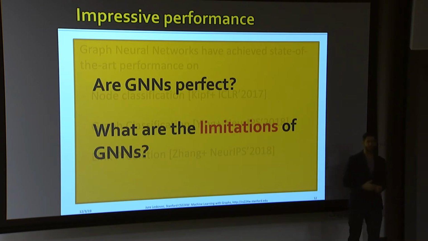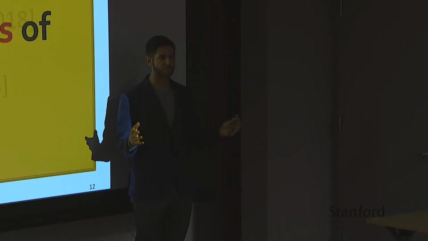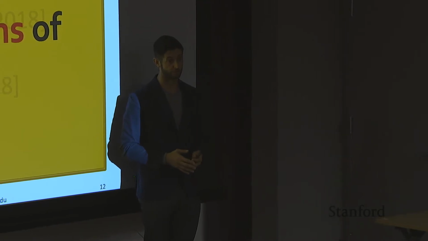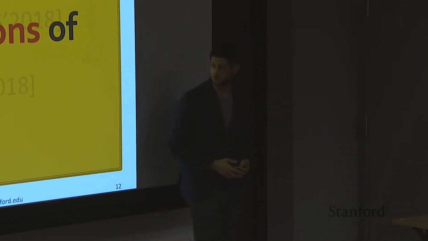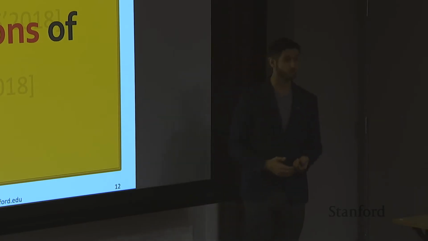But are they perfect? The fact that something is powerful and achieves state-of-the-art should never trick you into thinking it's a silver bullet that solves every possible problem on that kind of data structure, all right? So that's why we wanted to introduce this lecture at the end of the course, to tell you there are also some limitations to GNNs. They don't work on all the possible real-world data sets that you could be using.